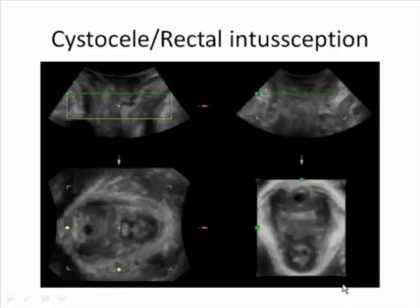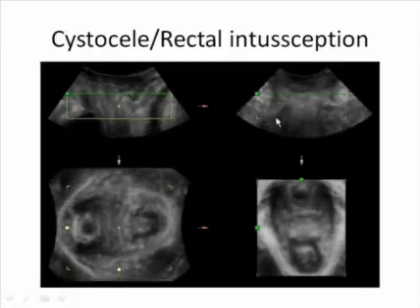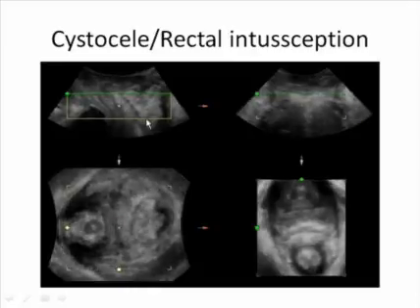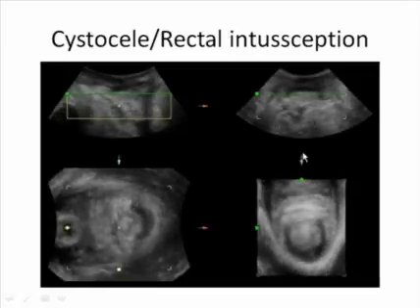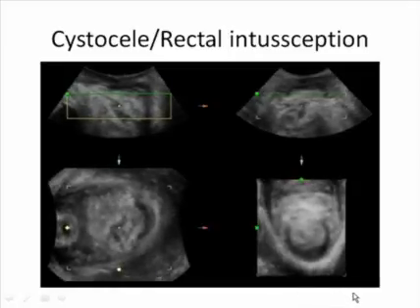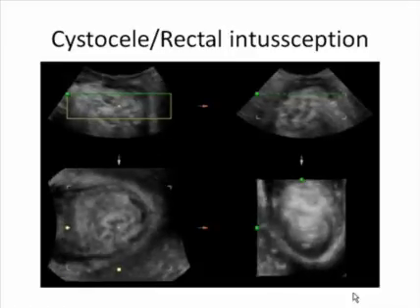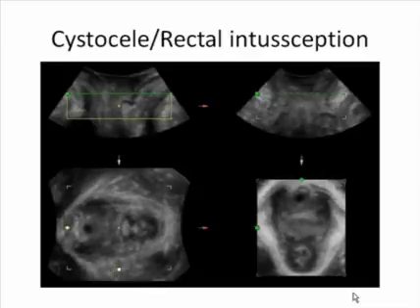Okay, now I'm going to show this in the 3D format. So this is sagittal, coronal, axial, and axial. And in this patient, we can see that the rectum is herniating into the anus. And so this is a cystocele as well as a rectal intussusception. And we can appreciate this on the dynamic aspects of 3D.